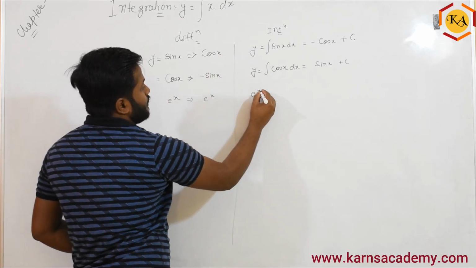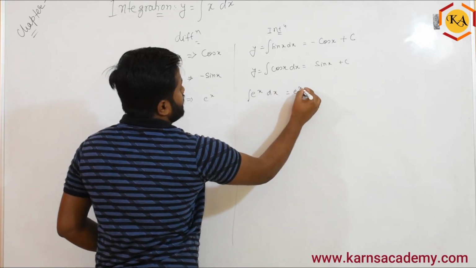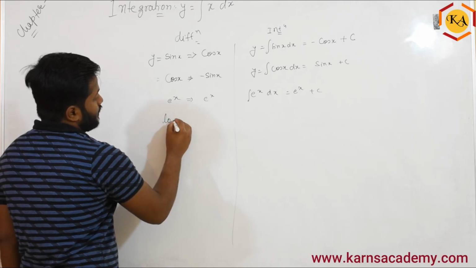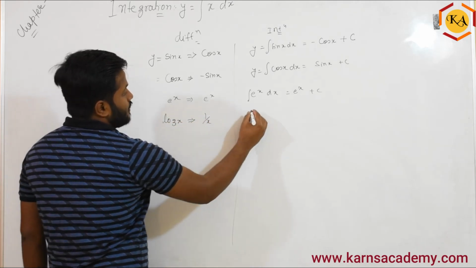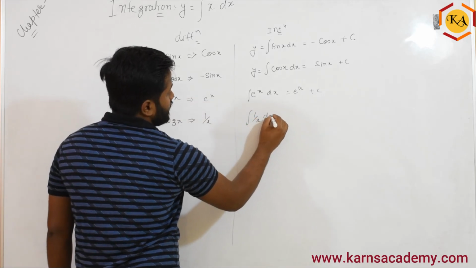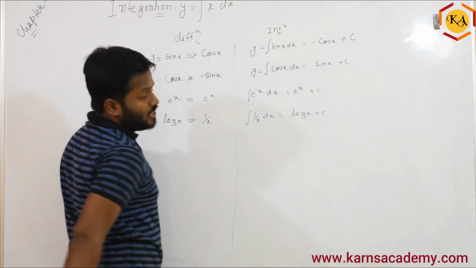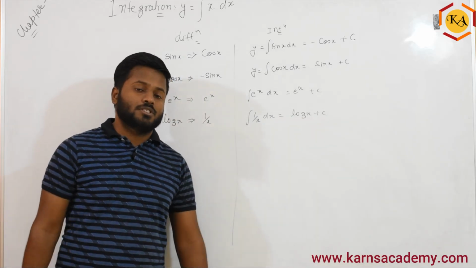Now here, if you take log x, you will get 1 by x. Here, if you take the integral of 1 by x dx, you will get log x plus c. So as you can see, the formulas are exactly opposite to those of differentiation.